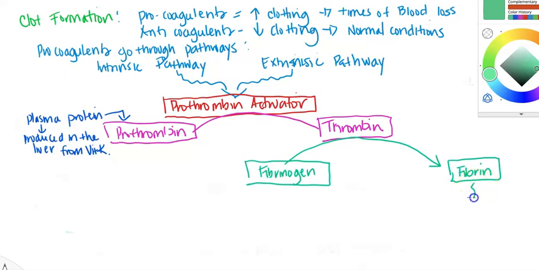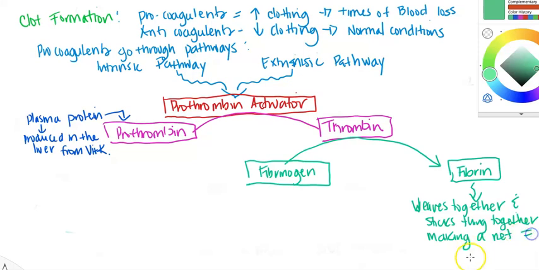So fibrin is what ultimately causes the clot, and what it does is it weaves together and sticks everything in the area together, making sort of a net. And that is the clot.